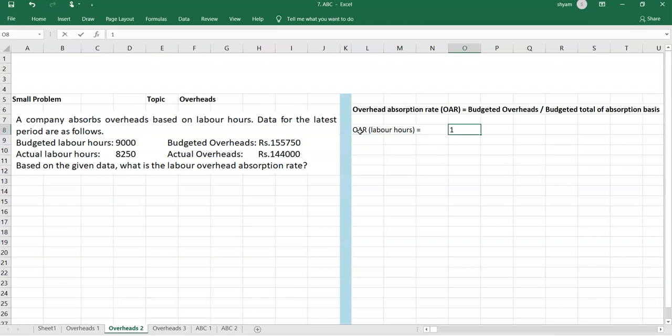So the numerator is going to be budgeted cost divided by budgeted labor hour.